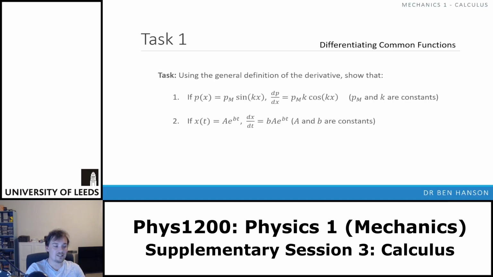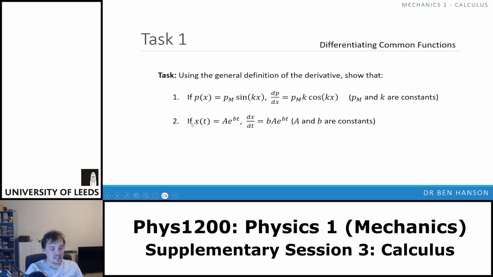But if you're interested, what I want you to do is use the general definition of the derivative to show that if a function p of x is equal to pm sine kx, then the gradient dp by dx, or the derivative dp by dx, is equal to pm k cos kx, where p subscript m and k are just constants. That's all they are. They're just constants, no problem.